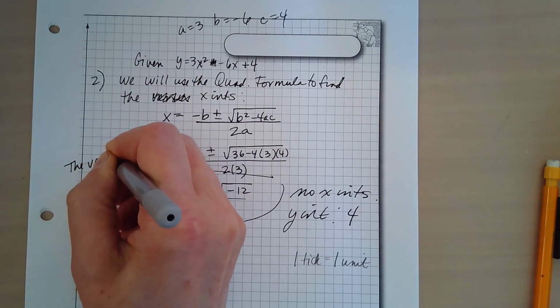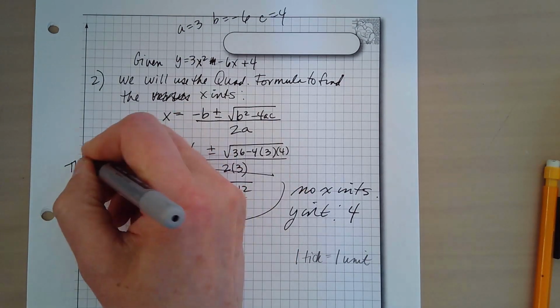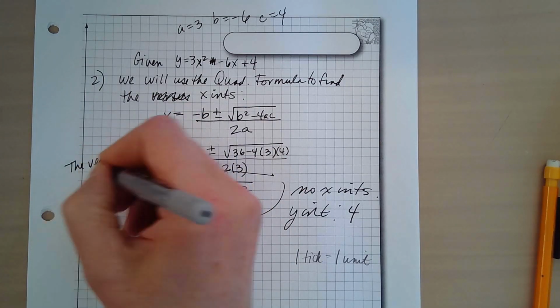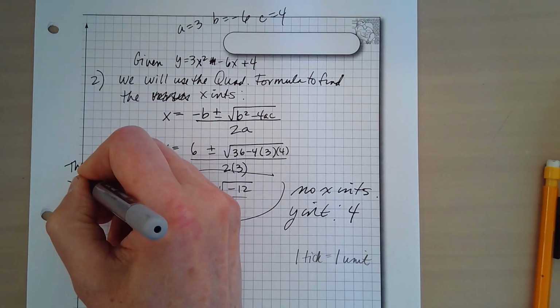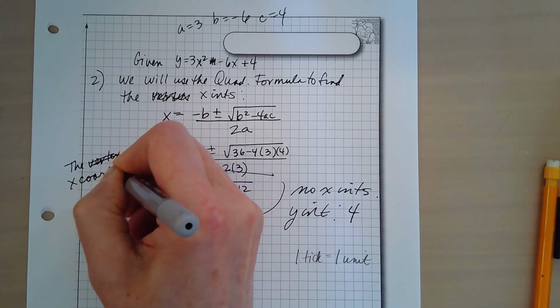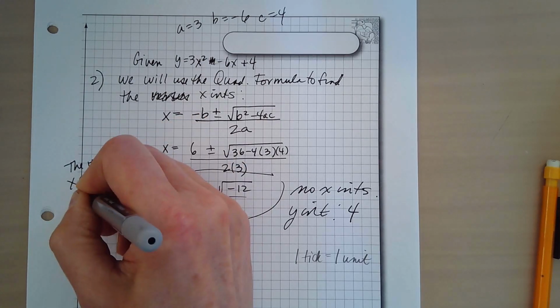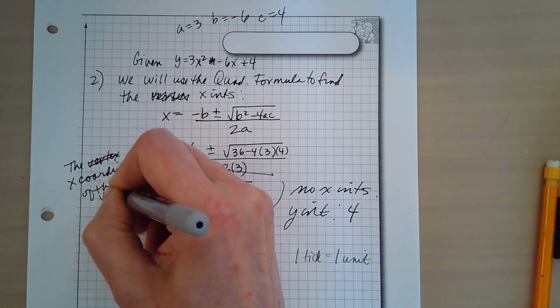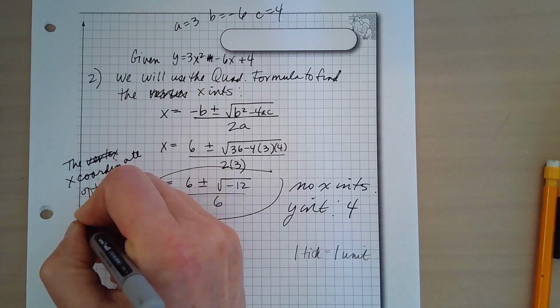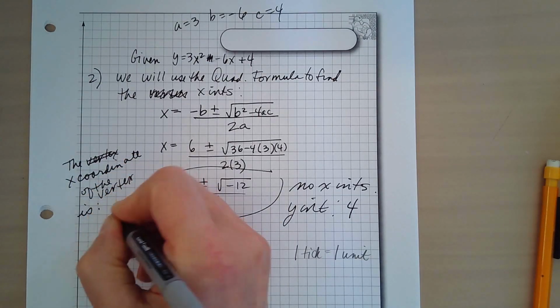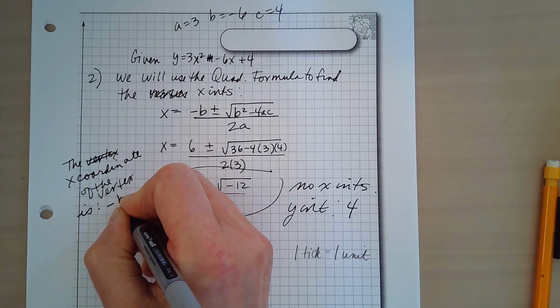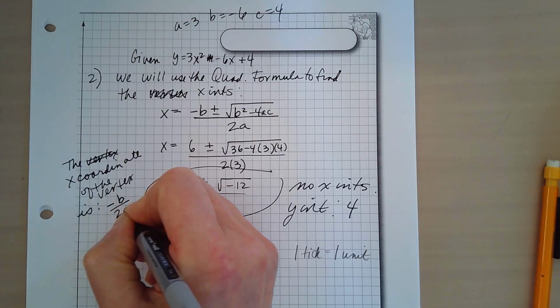The vertex, or I guess I should say the x-coordinate of the vertex, is minus b, the opposite of b, all over 2 times a.